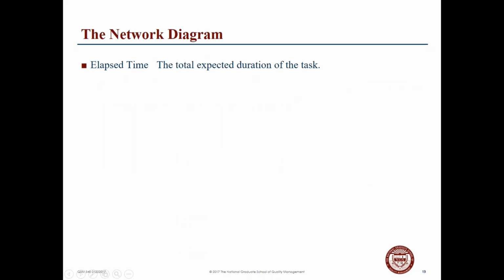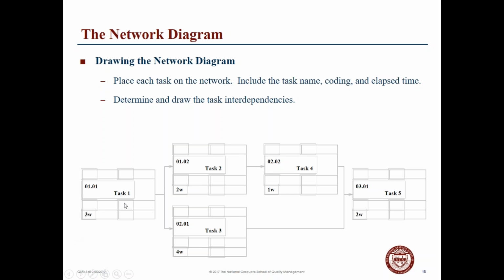So the elapsed time is the total expected duration of the task. The total duration of task 1 is 3 weeks. The total duration of task 2 is 2 weeks. Task 3 is 4 weeks, and it looks like it's dependent on task 2.1 being completed to be successful towards task 3.